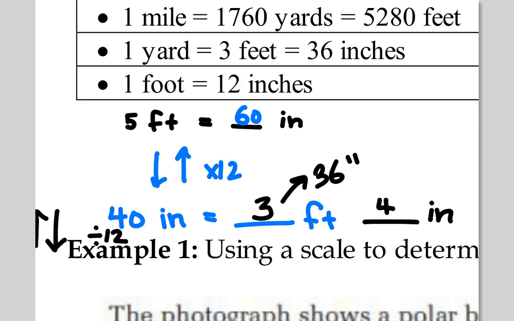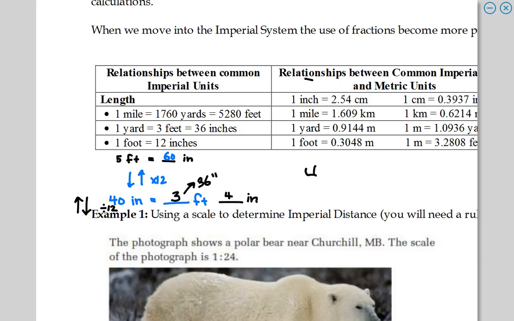You could also do decimals. What's 4 inches out of 12 inches? A third? So this would be 3.333333. Go in your calculator, do 40 divided by 12 in your calculator. .3333, right?